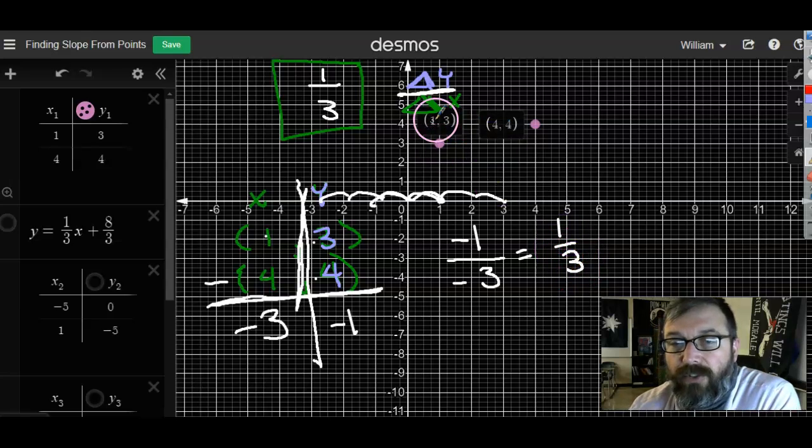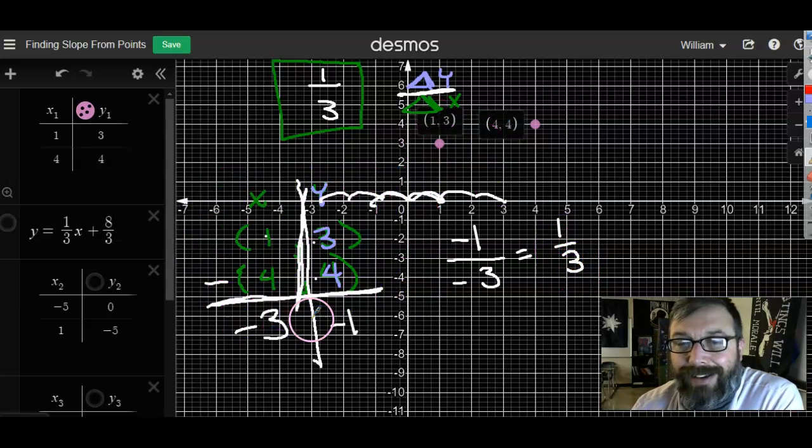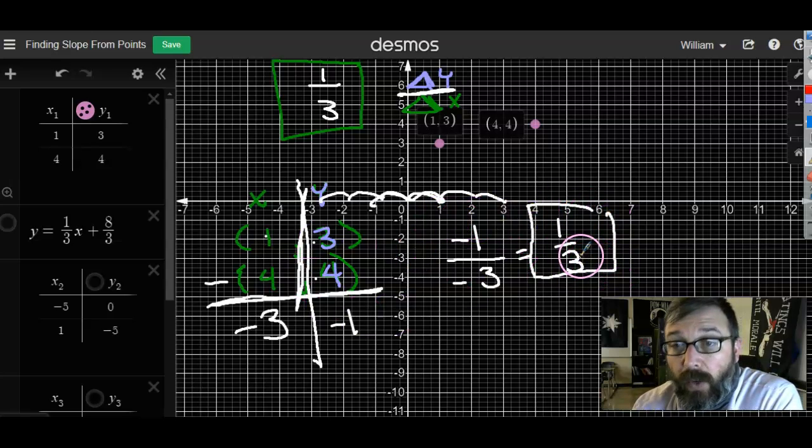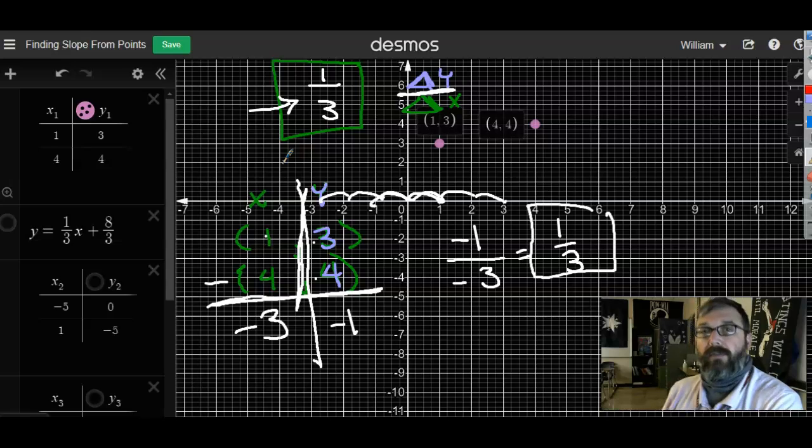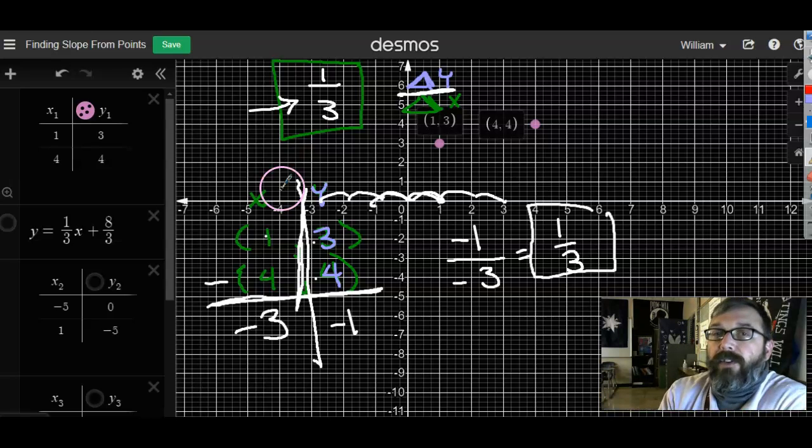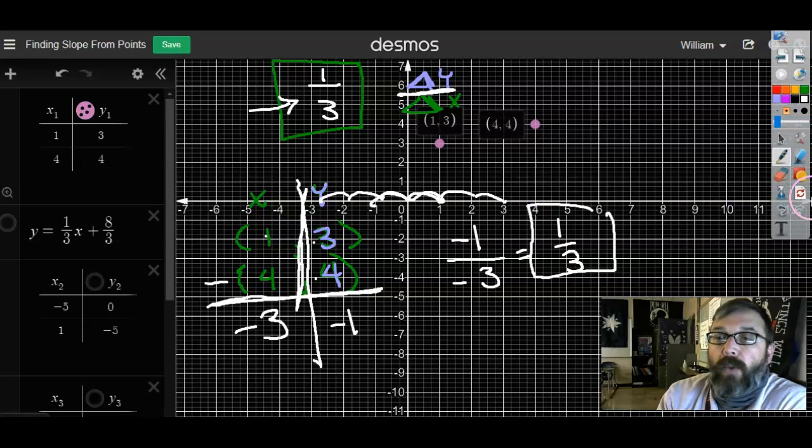So if I just use these 2 points and subtracted them, I will get 1/3, which is the slope I originally had. So we know it works. We know it's true.